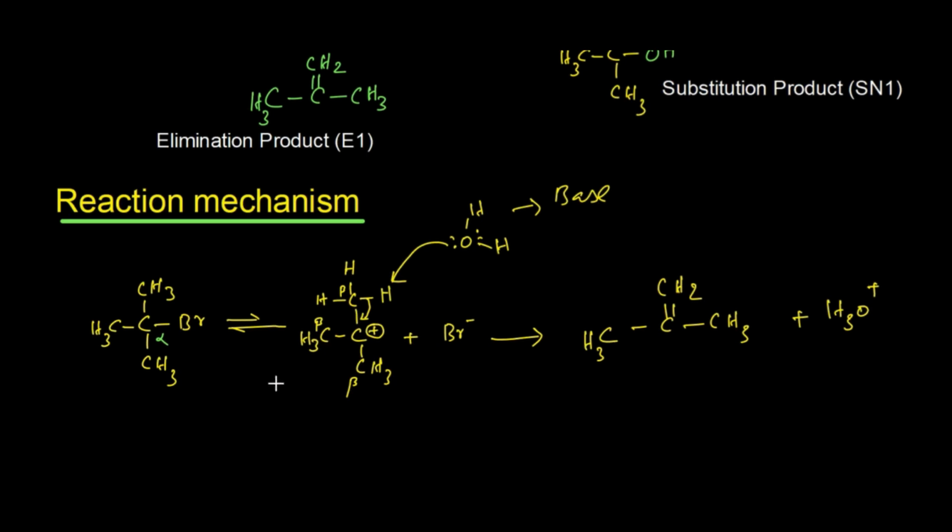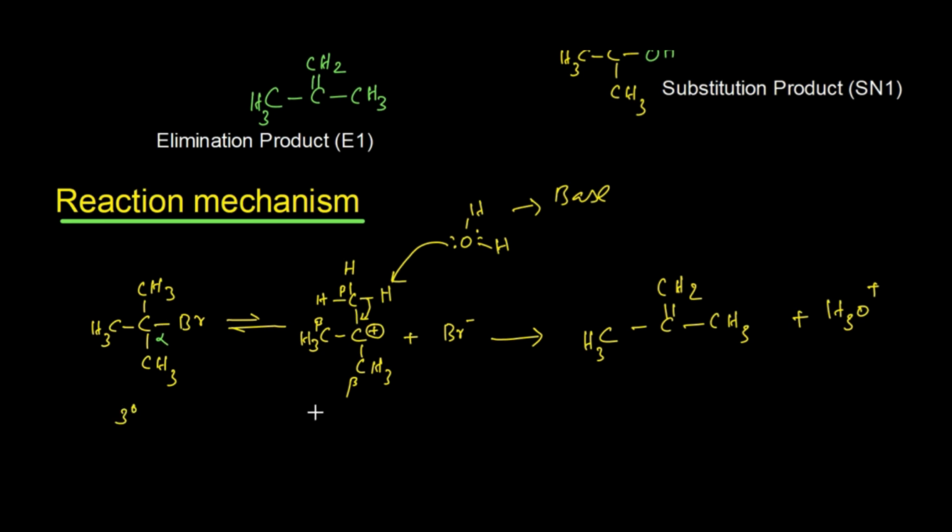Now the rate of reaction, as we discussed in the SN1 reaction: if the carbocation is not formed, the base will not abstract this proton. That means the rate of reaction completely depends on the formation of the carbocation, that is, on the tertiary alkyl halide.